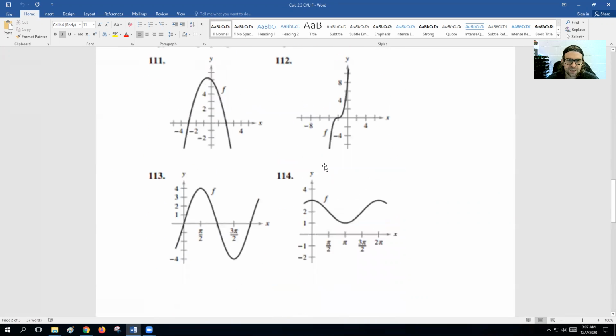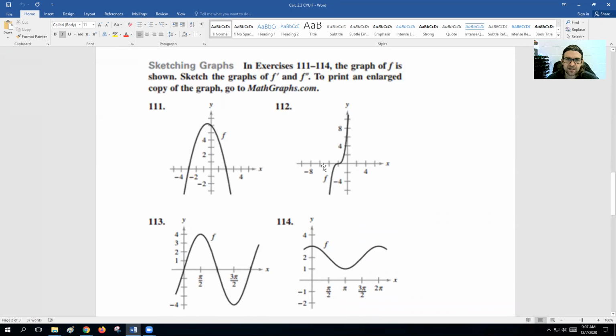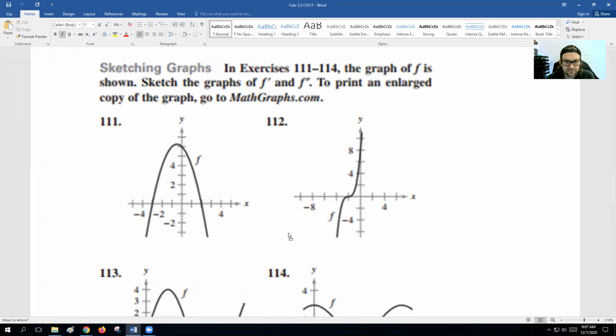All right, let's take a look at these problems here. It's been a while since we've had to sketch graphs, and all we're doing is sketching the first derivative and then also sketching the second derivative. So we'll do number 111 here and find the first derivative. Remember, all we were doing first is looking for horizontal tangents. So right here on the graph is where the function has a horizontal tangent.